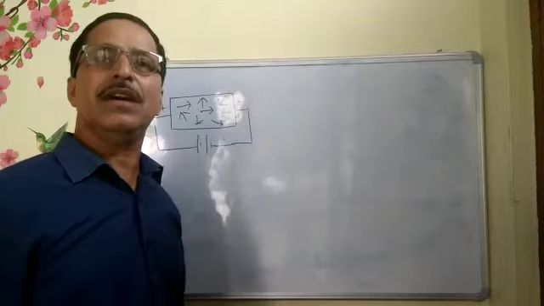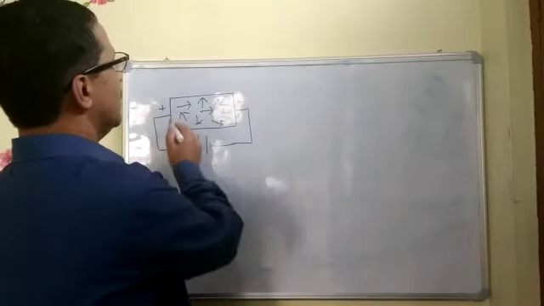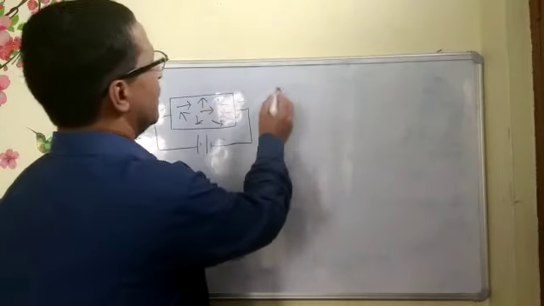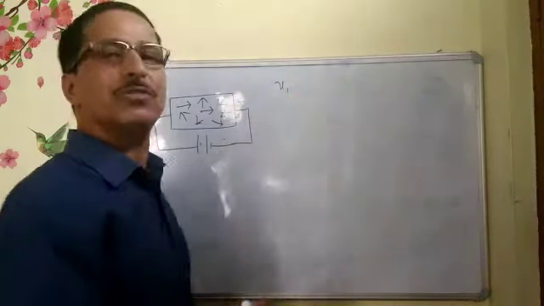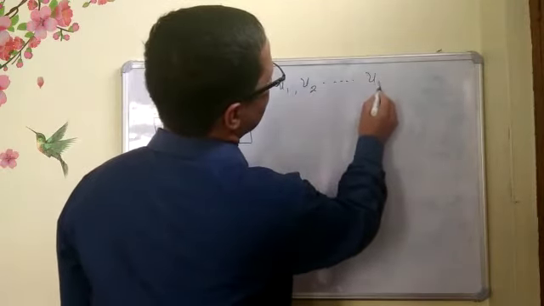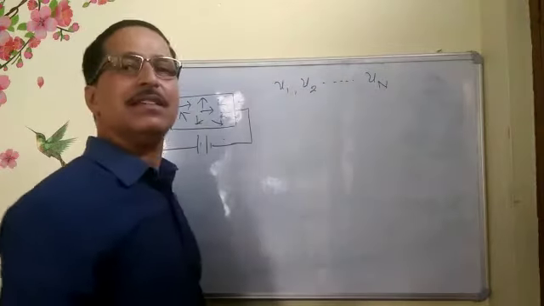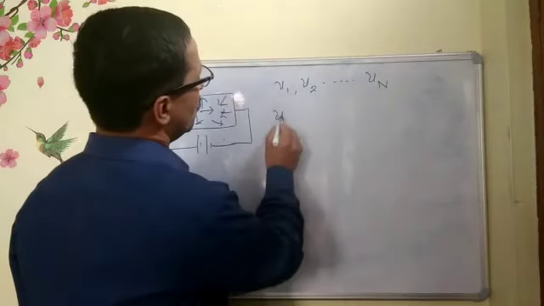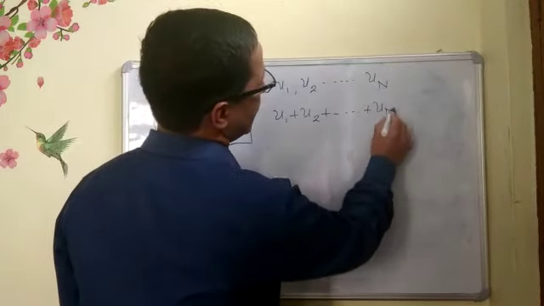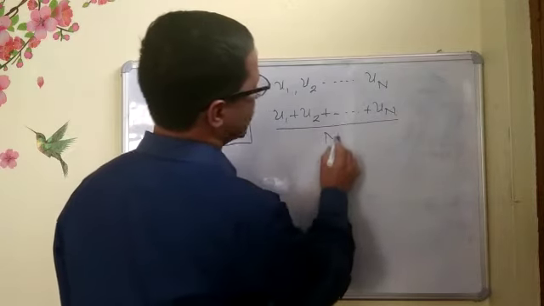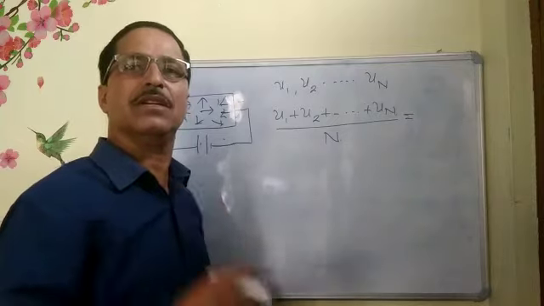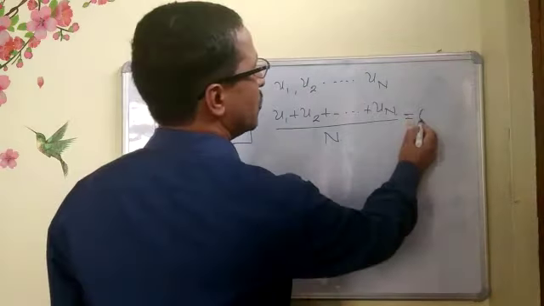Suppose there are n free electrons in this metallic conductor, and let the velocity of the first electron be u1, that of the second be u2, and so on, and the velocity of the nth electron is un. So (u1 + u2 + ... + un) divided by n will be the average velocity of electrons when there is no potential difference established across the given conductor, and this will be 0.